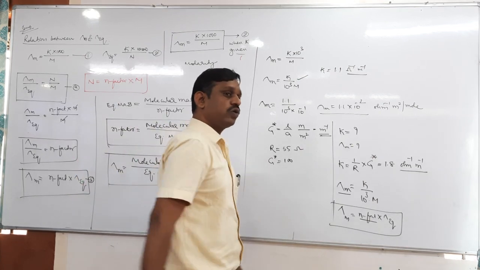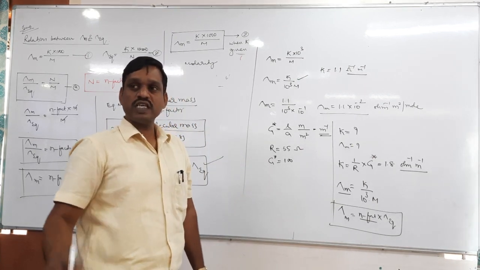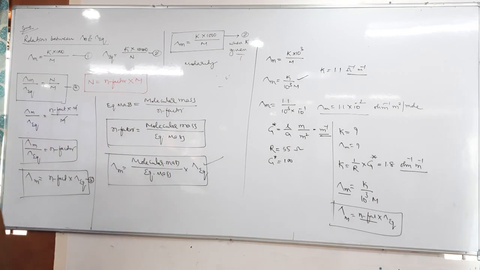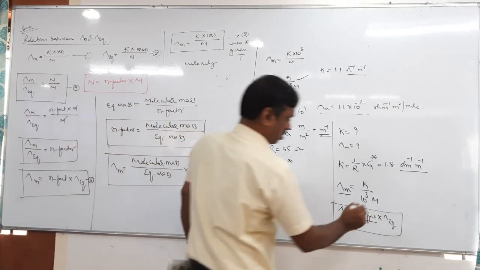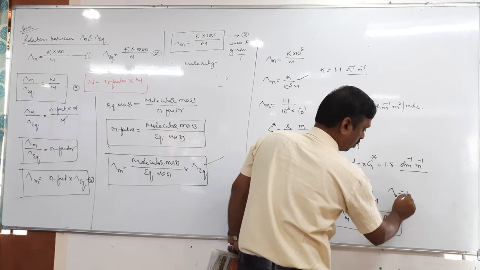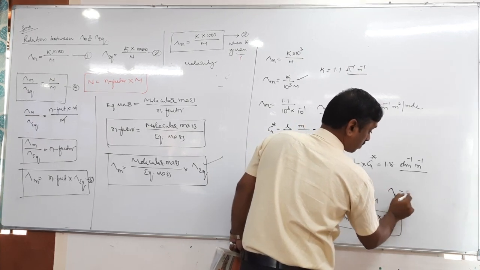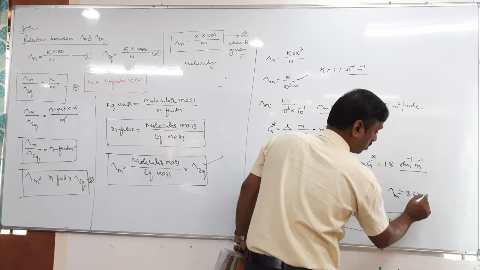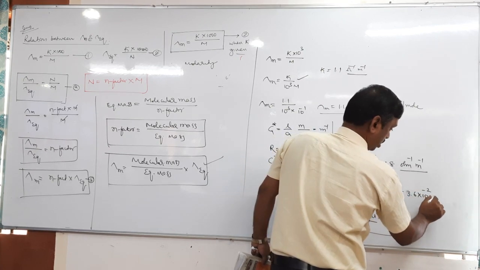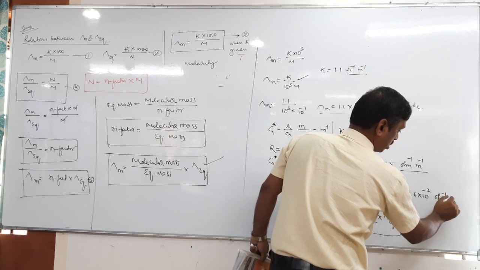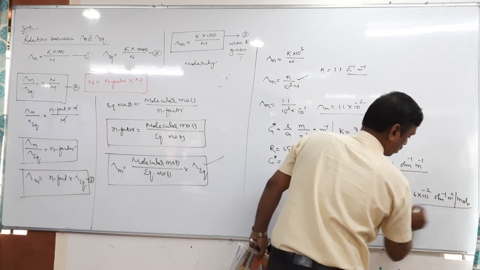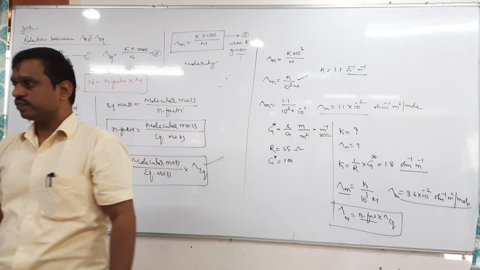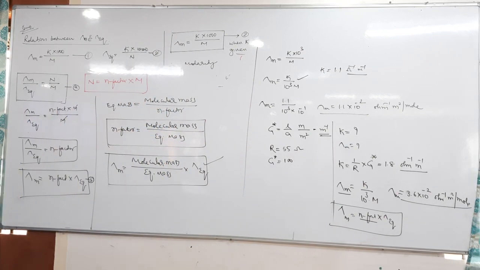Therefore lambda m equals lambda EQ, since n factor is 1. That's it. Next, what is the answer? Lambda m is equal to 3.6 into 10 power minus 2 ohm inverse meter square per mole. This is a simple calculation. You need to do it.